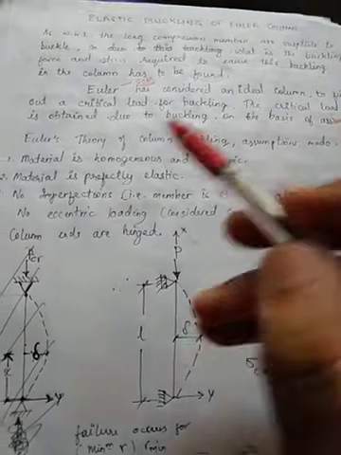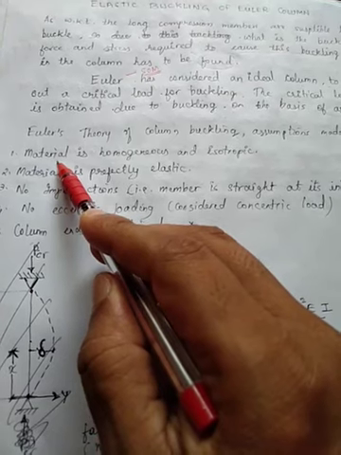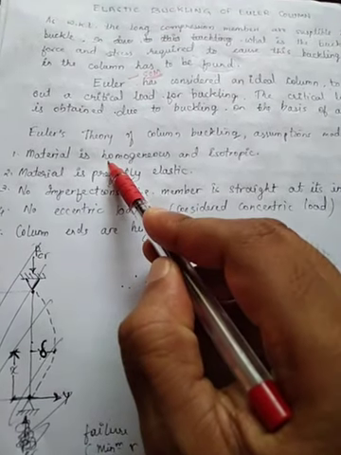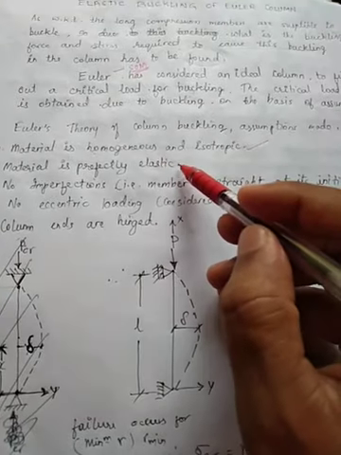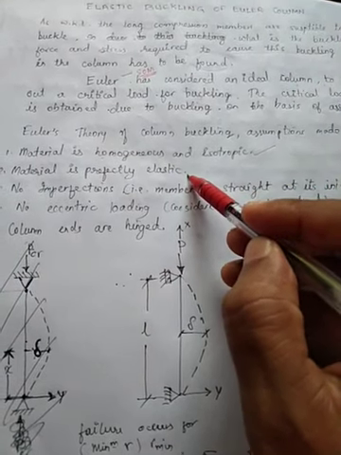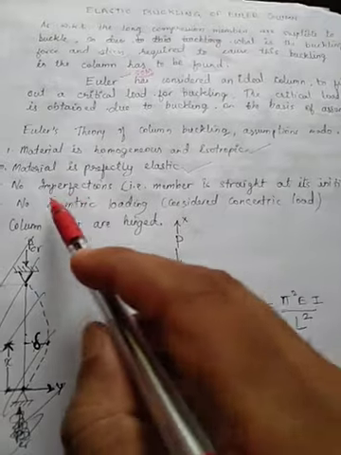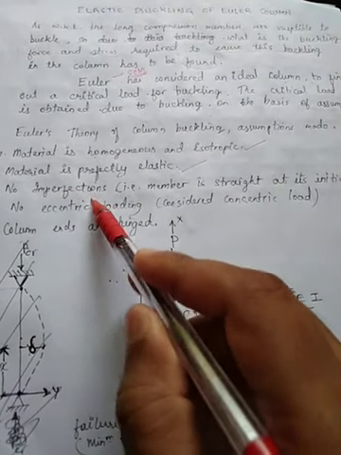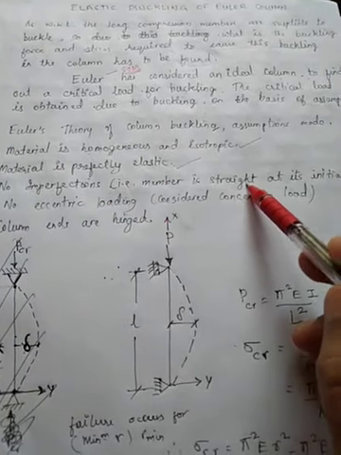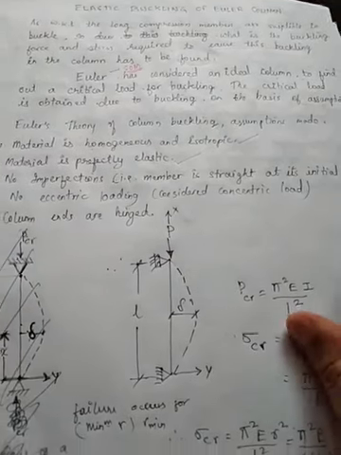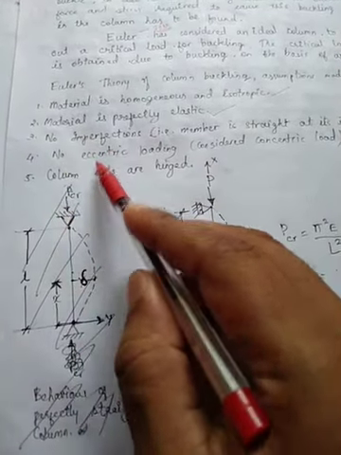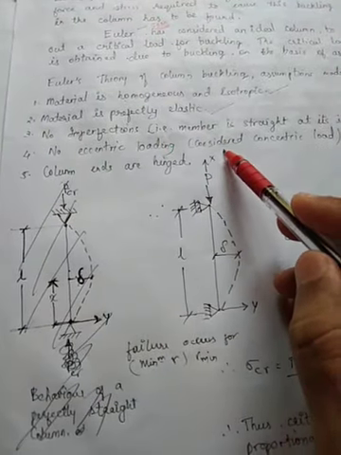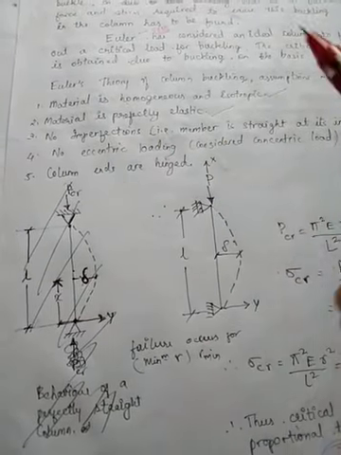The first assumption is the material is homogeneous and isotropic. Material is perfectly elastic. There are no imperfections, that is, the member is straight at its initial state. Next assumption is no eccentric loading, considered as concentric load.